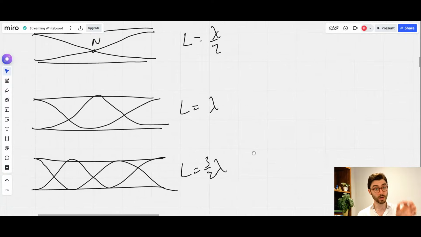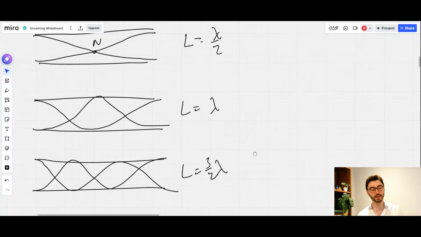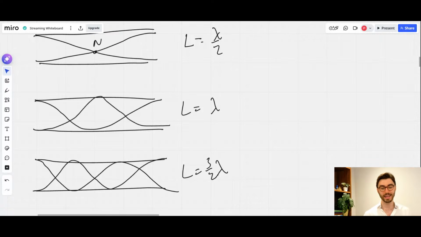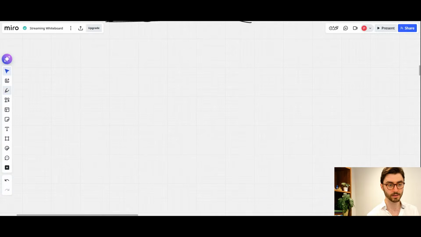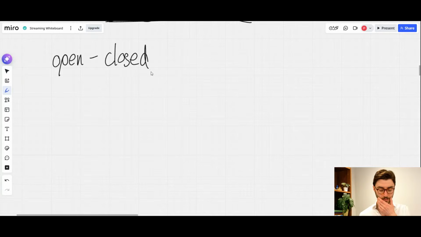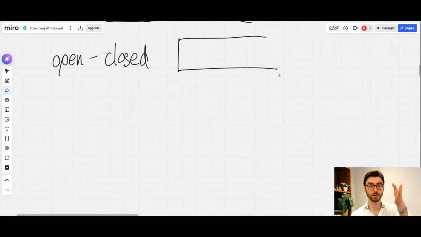The weird one that you have to be very careful of is the open-closed case, and the reason why we are about to see. So let's say we had a pipe that was closed at one end and open at the other. We know any closed end is going to have a node, and any open end is going to have an antinode.